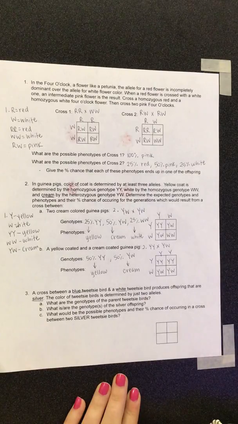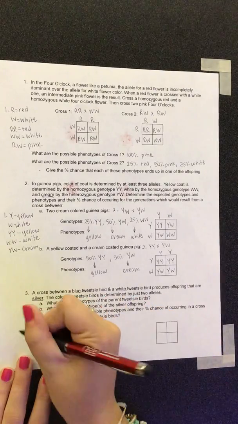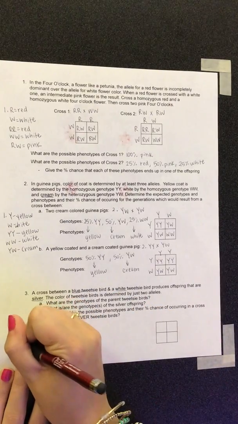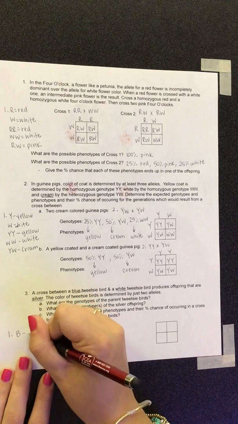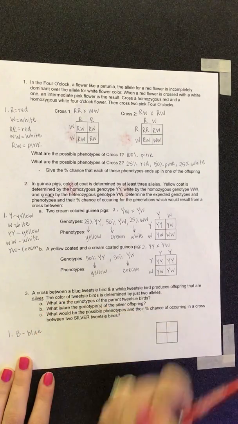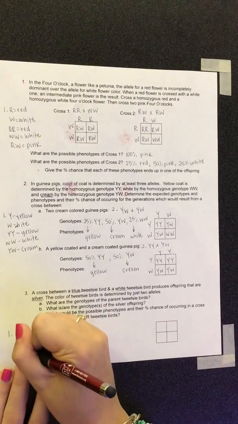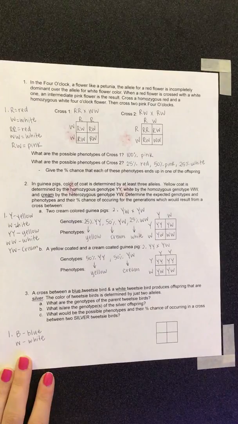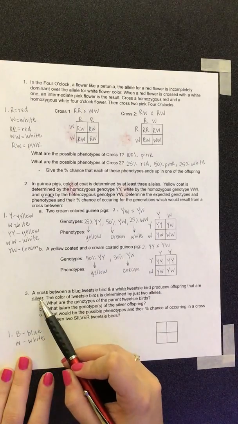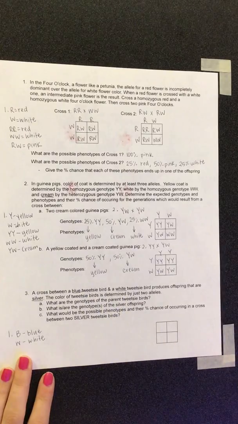Because the bird color is incompletely dominant, I can go ahead and assign my letters. B in this instance will stand for blue, and W will stand for white. I know that silver is the third phenotype produced by the cross of these two.